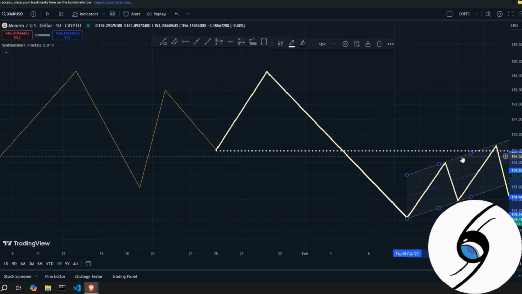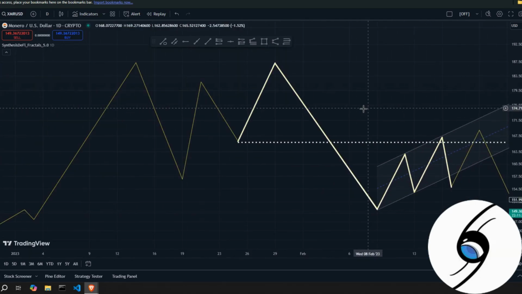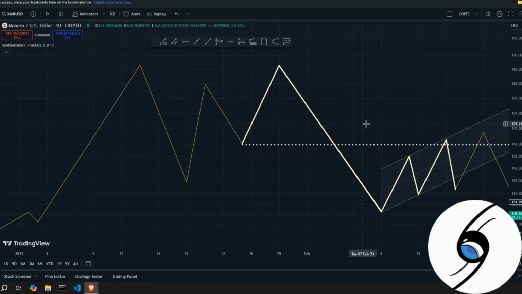That's the grace. This is why it's graceful to have a tool that will tell you what the tops and the bottoms are.